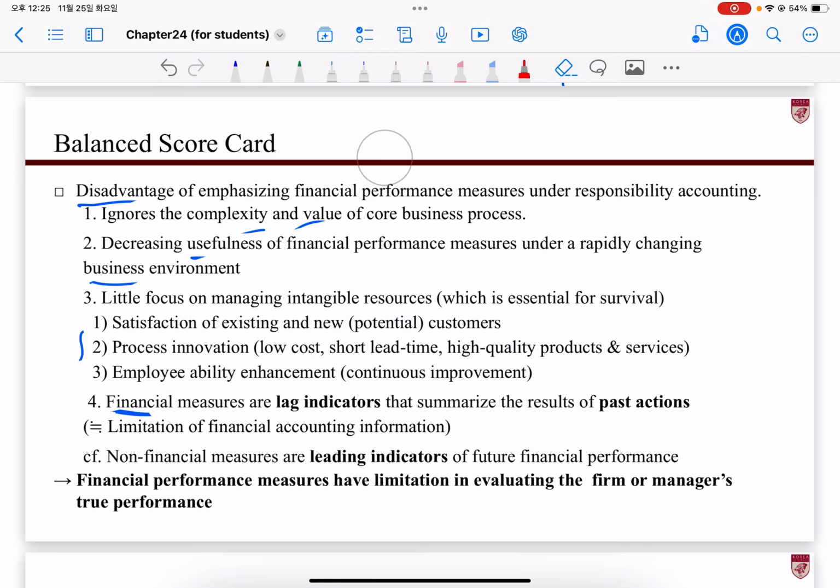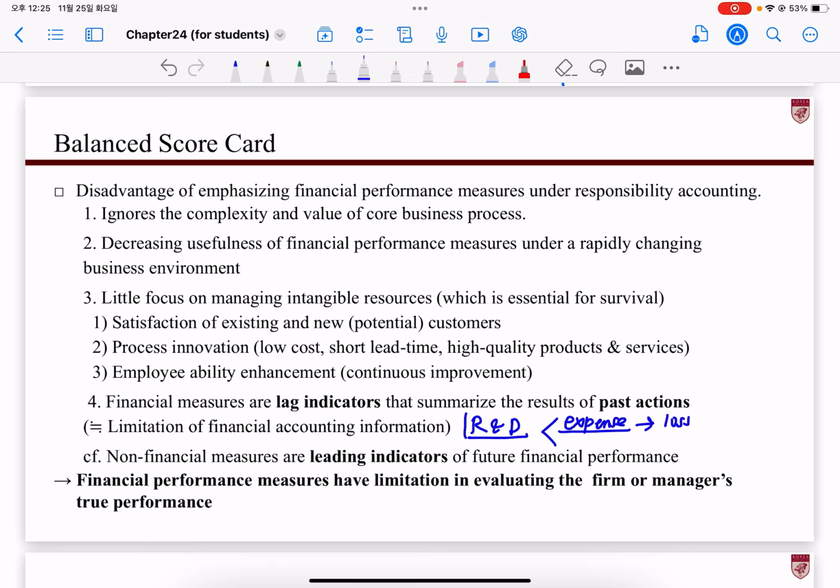So there is a lot of debate in the accounting research area how we should see R&D expenditure. Because R&D on the financial statement, on the income statement, it is an expense, right? So as an investor, you see, oh, expense is bad for the company because it shows loss in the income statement.